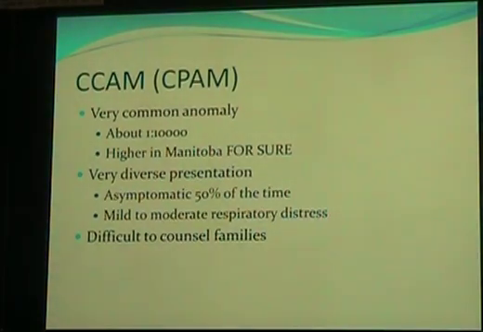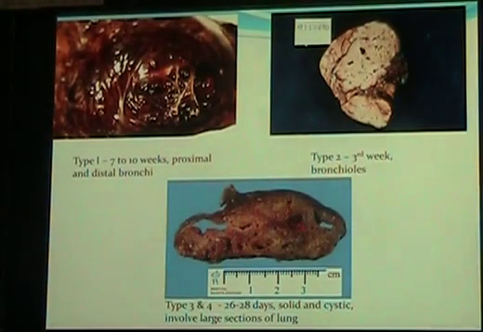It becomes difficult to counsel families as well when you don't know what the exact outcome will be. So in many cases, even when the CCAM appears to be large, unless there's the presence of hydrops fetalis, suggesting that there is obstruction of cardiac inflow through the superior vena cava and through the inferior vena cava, it's very unlikely that you're going to be able to predict how these children will be at birth.